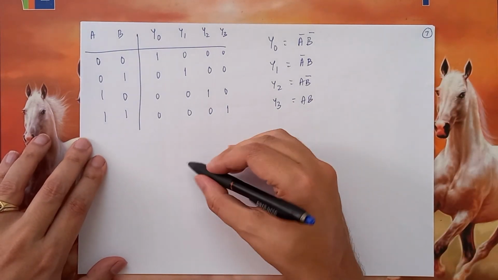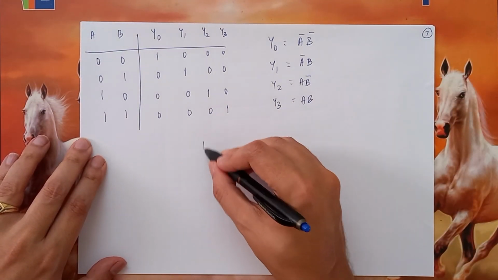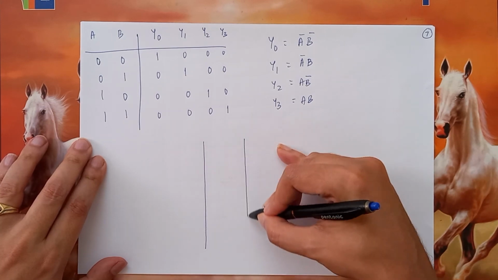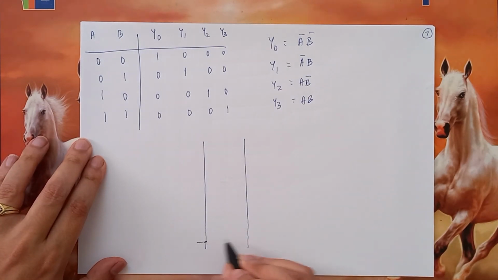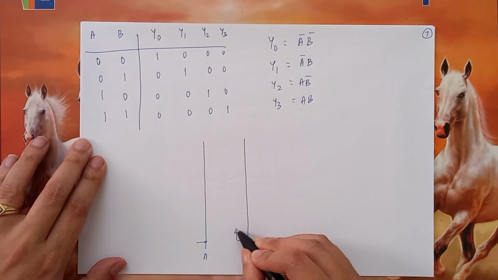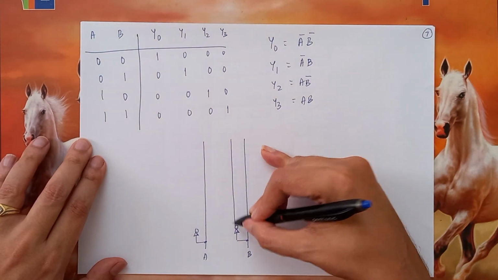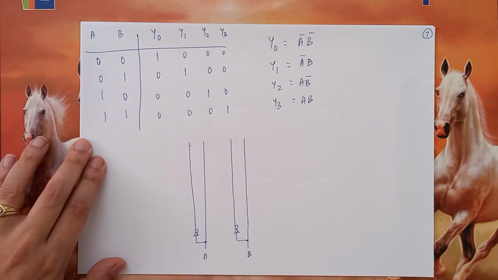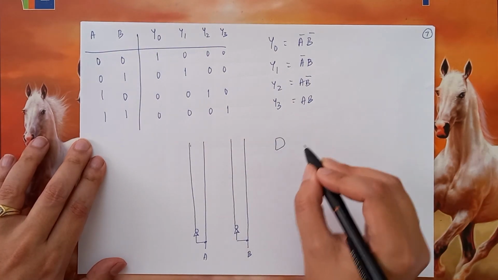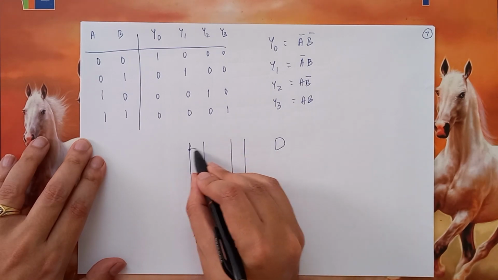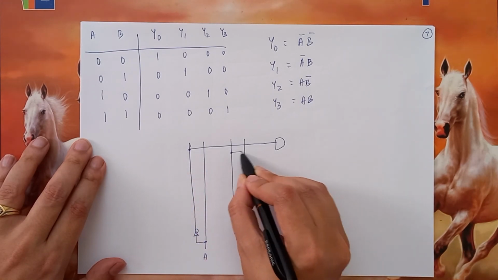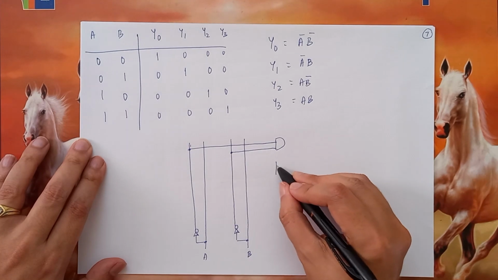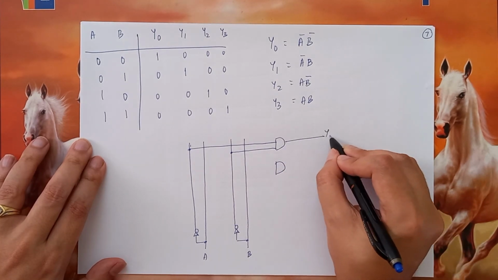So very quickly we can draw A and B and their complements. For A bar and B bar, we will need an AND gate. This is Y0.